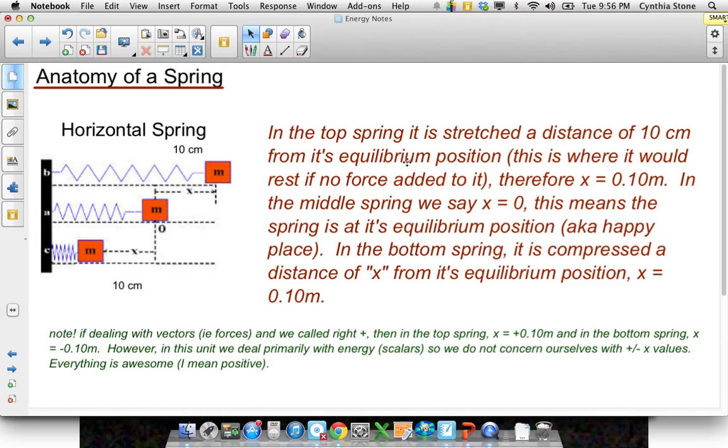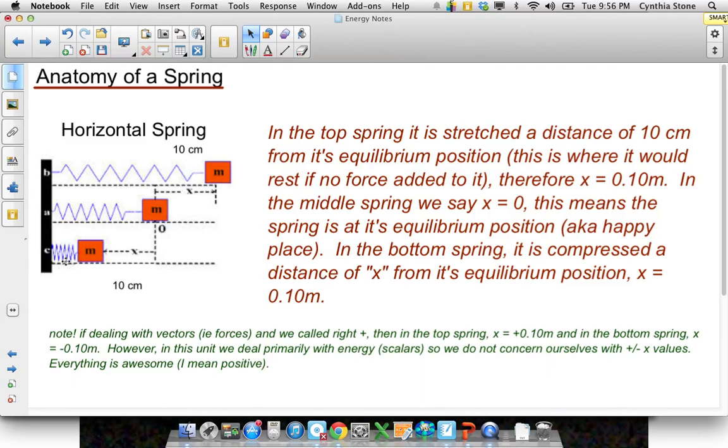An equilibrium position on a spring is where it's not stretched at all, where it just wants to sit. And then often, not always, you could compress a spring as well. So both of these have x values of 10 centimeters, but we put it in meters, so 0.1 meters. This one doesn't, though. This one is 0 because it's in its happy place.